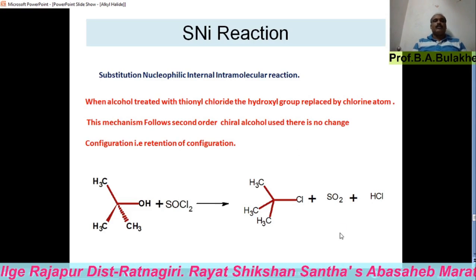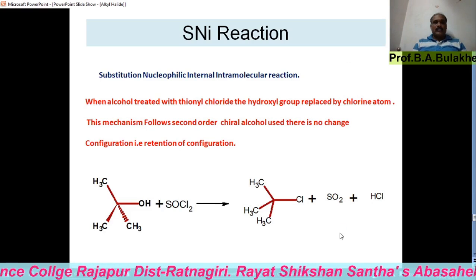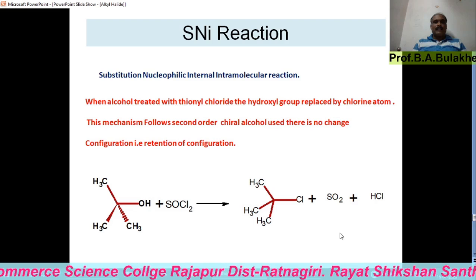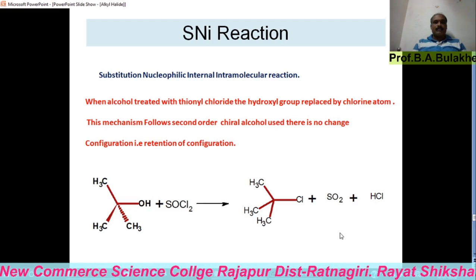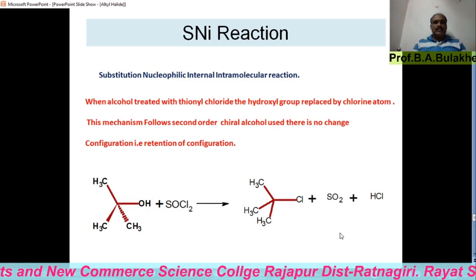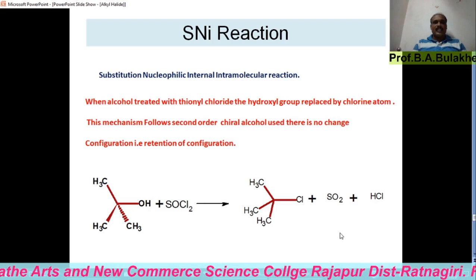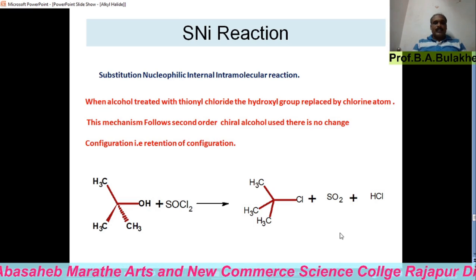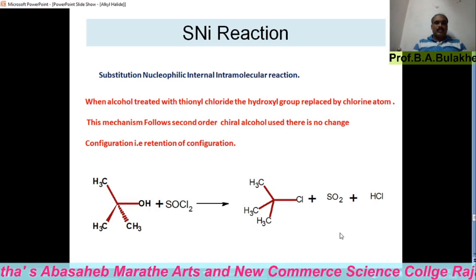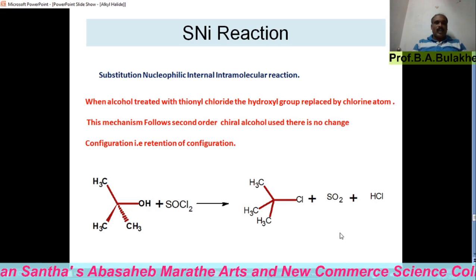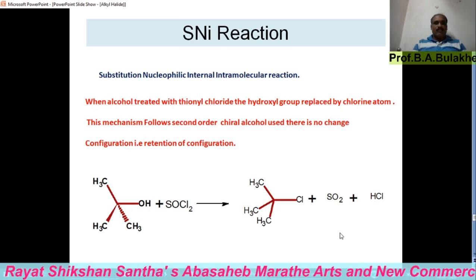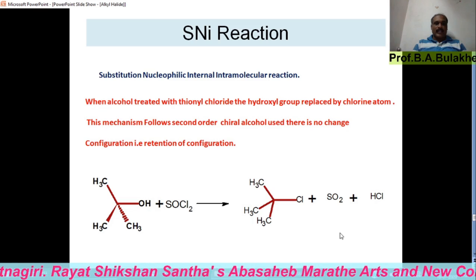Next point, we see the mechanism of SNi reaction. SNi means substitution nucleophilic internal reaction. For example, when alcohol is treated with thionyl chloride, the hydroxyl group is replaced by a chlorine atom.